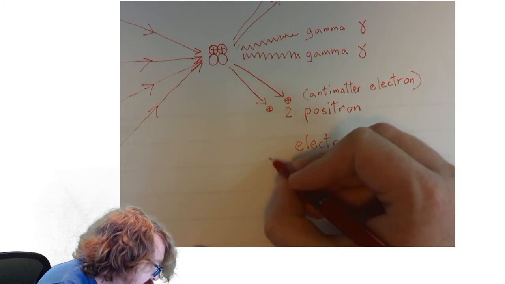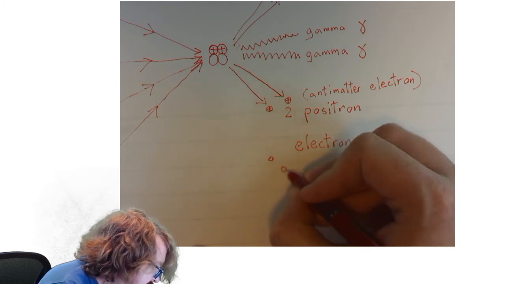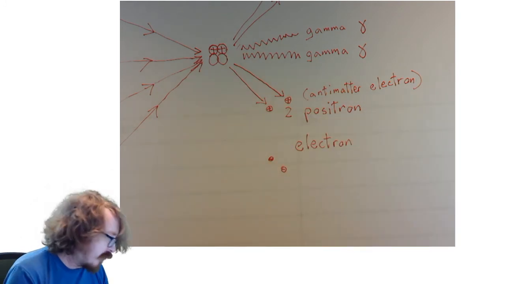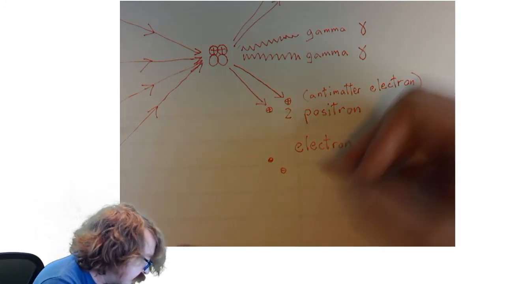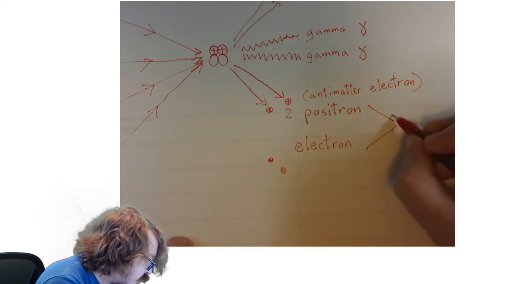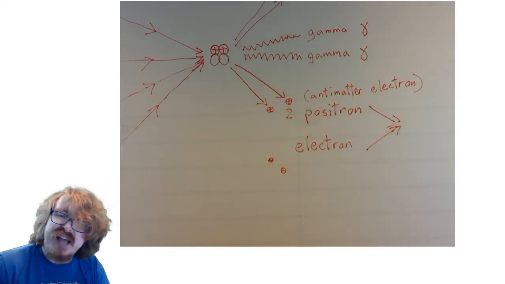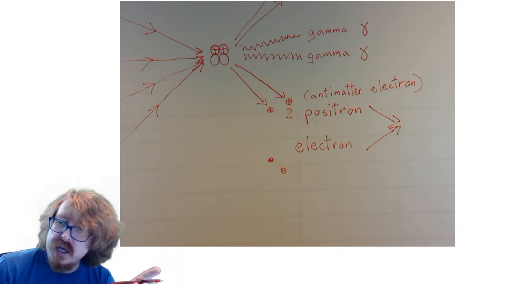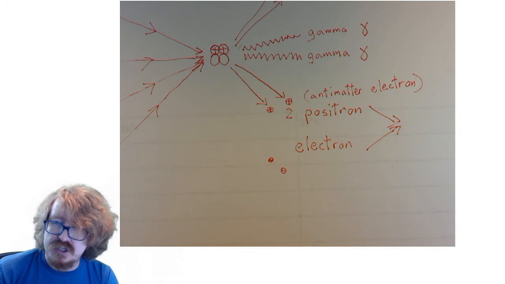A couple of electrons that were just trying to mind their own business, and I'm going to put a little minus on those, will fly by. These positrons and these electrons are attracted to each other because opposites attract. So the antimatter electrons will be attracted to the regular electrons.